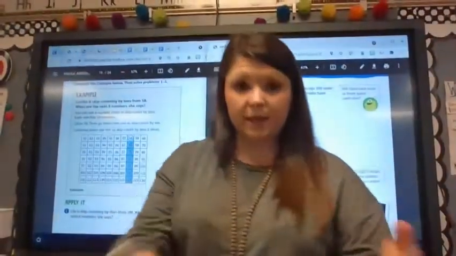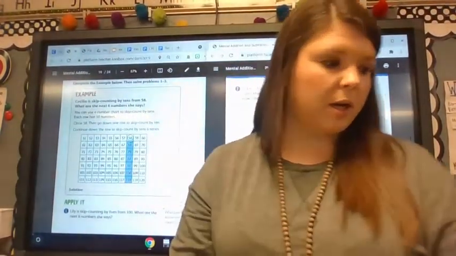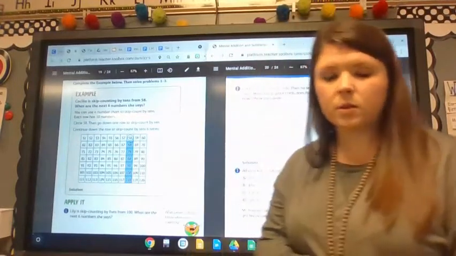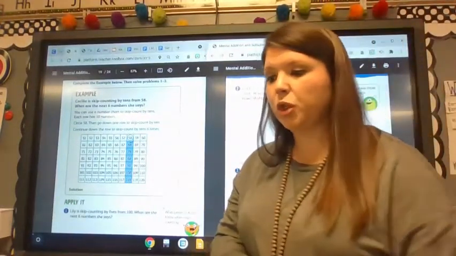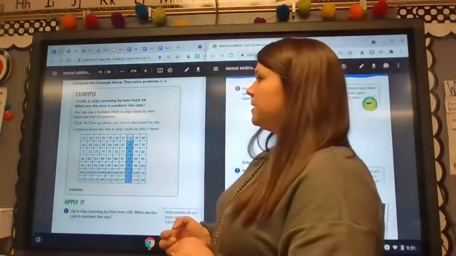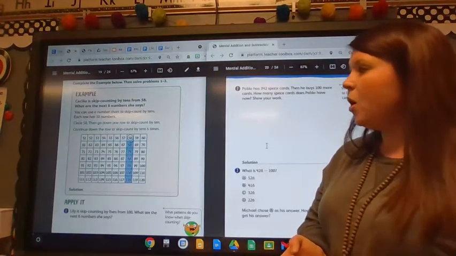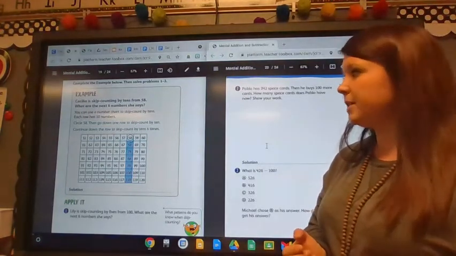All right, so now we're going to take this. We were within 100 then, but now we're going to practice with some three-digit numbers, counting forward and counting backwards. So again, we are on page 383. Let's go ahead and look at the example. Cecilia is skip counting by tens from 58. What are the next 6 numbers she says?